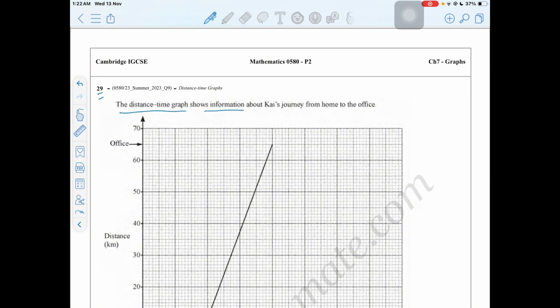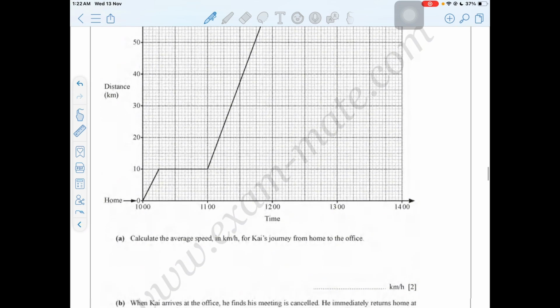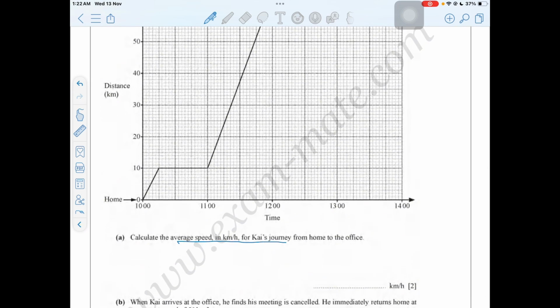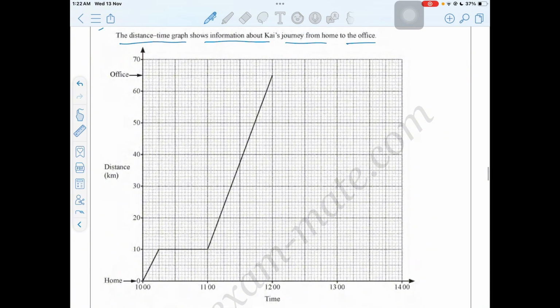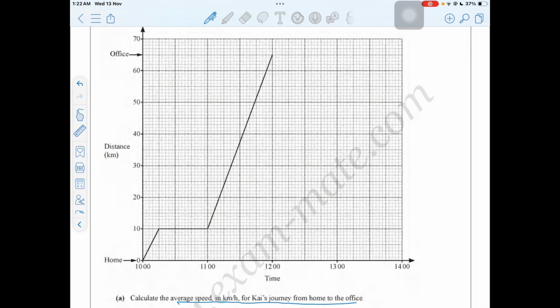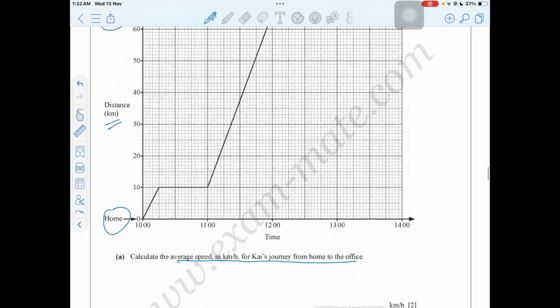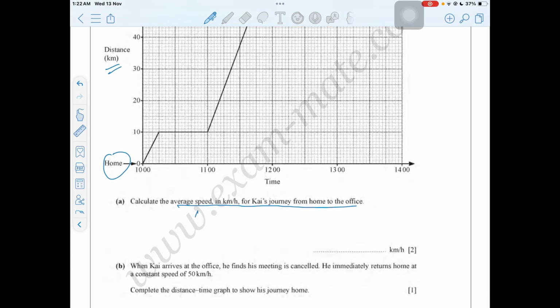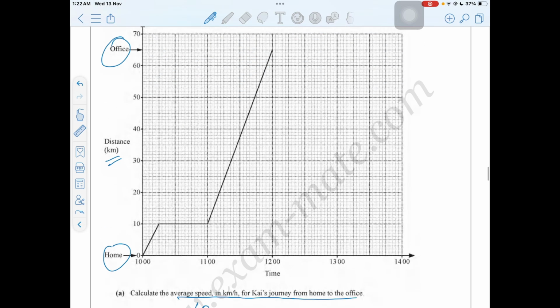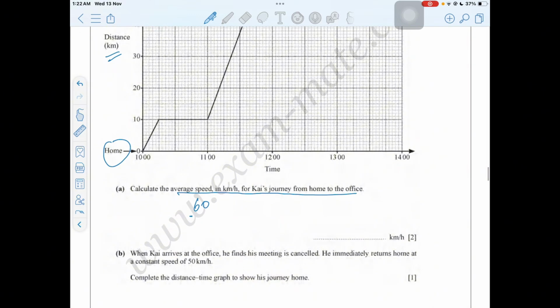So moving on, we have question number 29. The distance time graph shows information about Kai's journey from home to the office. Calculate the average speed in kilometers per hour for Kai's journey from home to the office, right? So we started from home, and reached the office, which is kilometers, distance in kilometers. So this is 60 kilometers. It has traveled 60 kilometers in 2 hours, right?